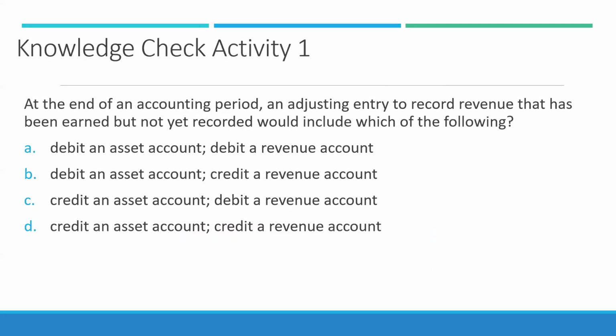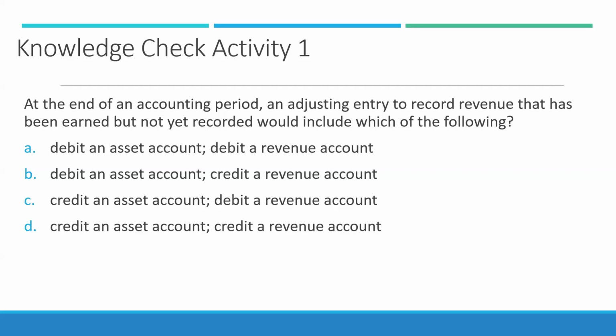Guys, at the end of an accounting period, an adjusting entry to record revenue that has been earned but not yet recorded would include which of the following? I want you guys to think about this. Think about it. So we didn't record revenue.